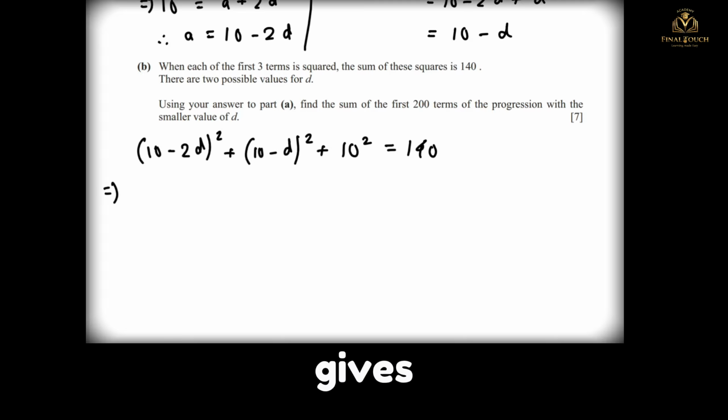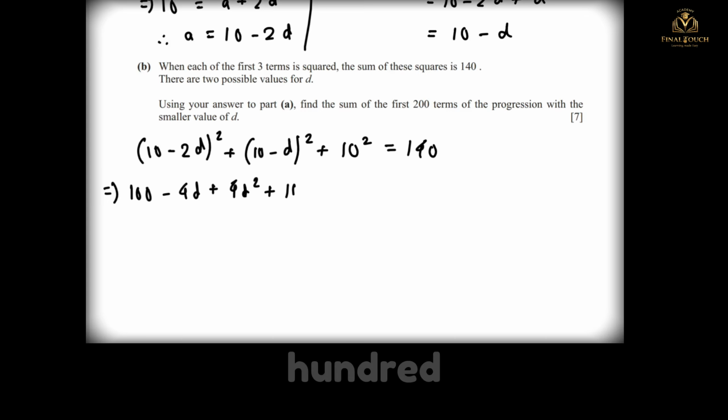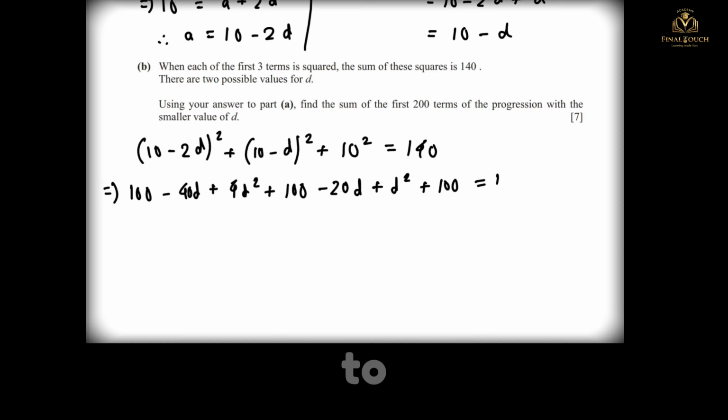So that gives us 100 minus 40d plus 4d squared plus 100 minus 20d plus d squared plus 100 equals 140.